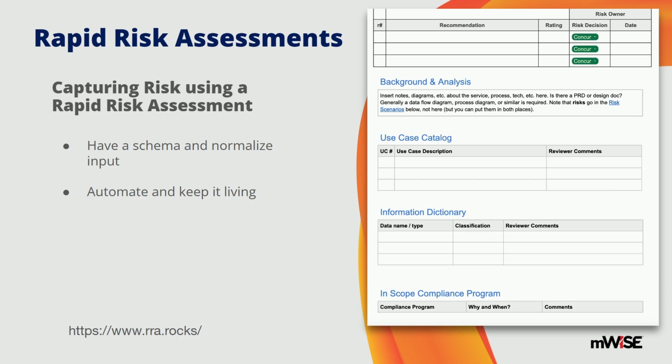So one of the things the rapid risk assessment gives us when we did this is a structure, right? It reminds you that you need to collect specific things. In our use case, we decided to collect things like a use case catalog, how that information we're assessing is being used. An information dictionary, what that information means, so the next time everyone's having the same conversation, or someone goes to read this report, they understand what it is.